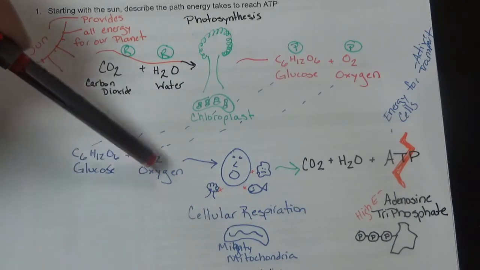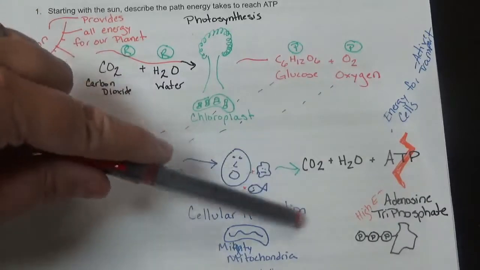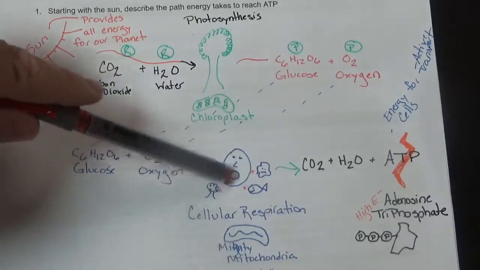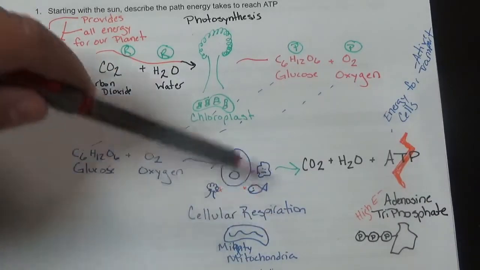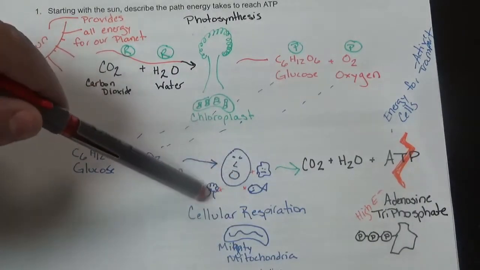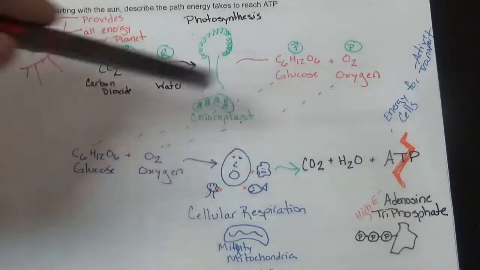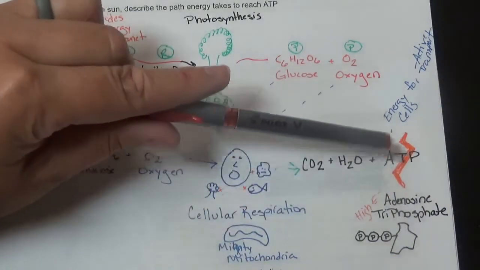So glucose and oxygen are going to go into all living things. Remember back to our characteristics of living things. All living things respire. So it's not just animals who undergo cellular respiration. We also have plants. All the organisms have to respire to make ATP for their cells.